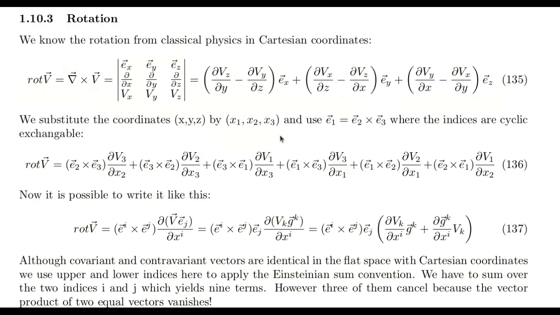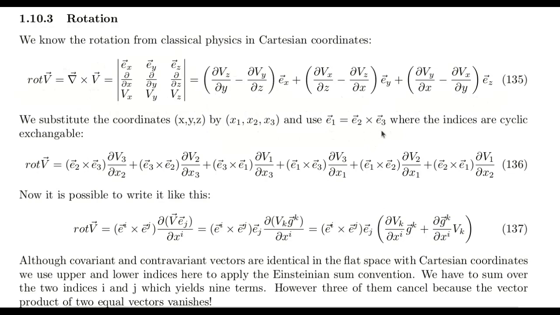Then, that should also be known, if we have the vector product of two basis vectors, then we get the third basis vector. For example, E1 vector is equal to the vector product of E2 vector and E3 vector.